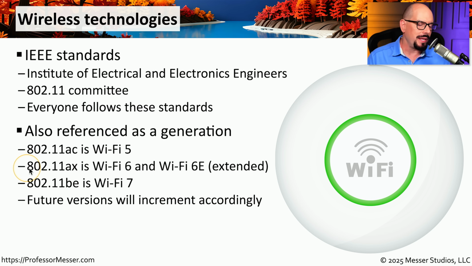They then referred to the 802.11ax standard as Wi-Fi 6 and Wi-Fi 6E for extended. And the 802.11be standard is also called Wi-Fi 7. This makes it a bit easier to differentiate between versions, so instead of using those 802.11 names, you can simply use Wi-Fi 5, Wi-Fi 6, Wi-Fi 7, and so on.